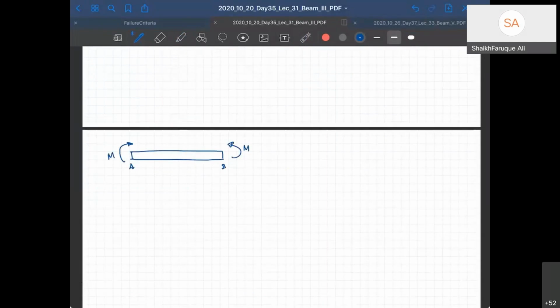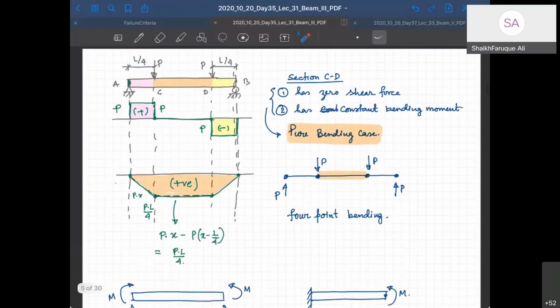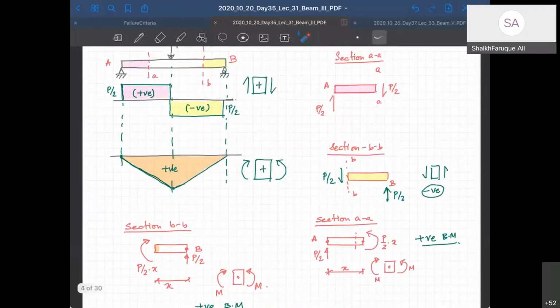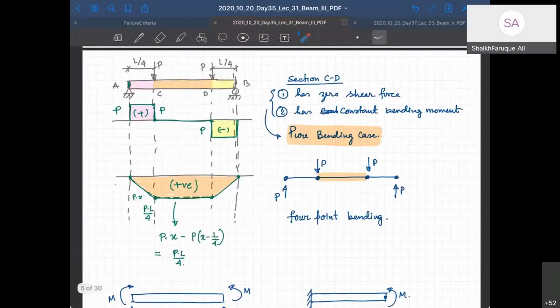Check whether this is also pure bending or not. All right, check these things. So good. We understood how to draw bending moment diagrams and shear force diagrams, our sign conventions, and also what a pure bending case is, and that's very important.